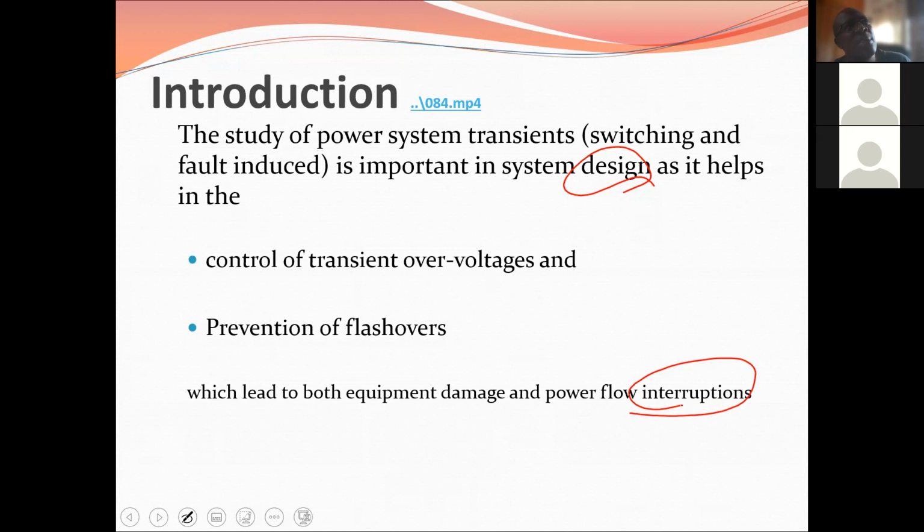And so appreciating things like transients is important. Just to give you an idea of a transient occurring on your power system. You may have had a power cut in your area, and when the power is restored, let us say you were just too lazy to turn off the bulbs in the house.